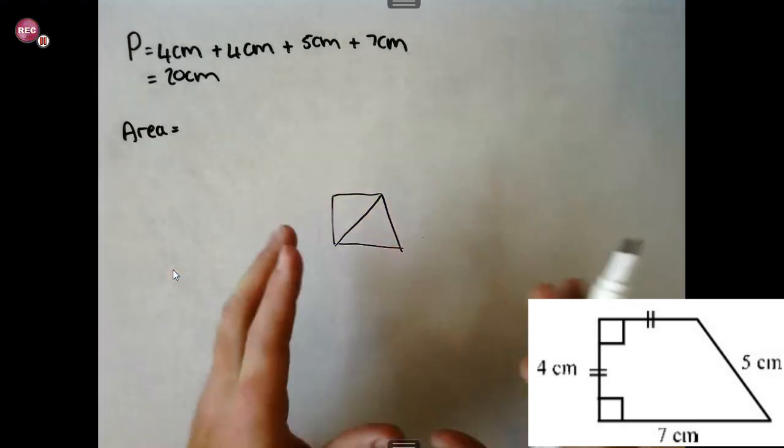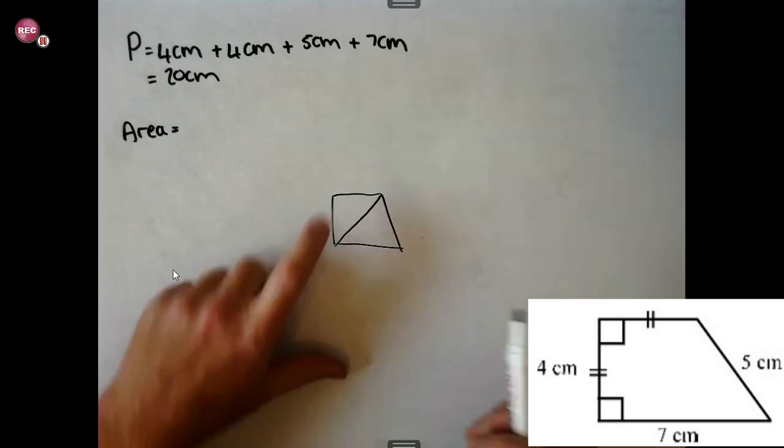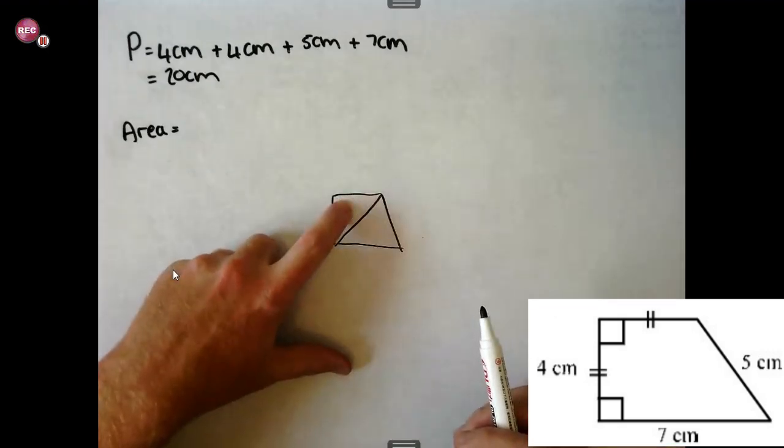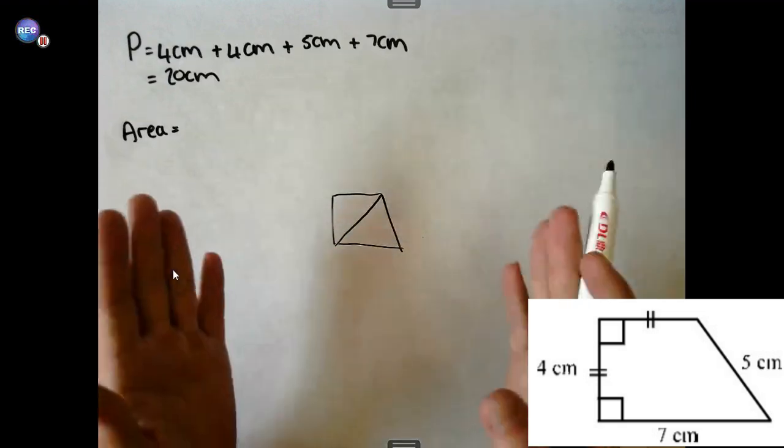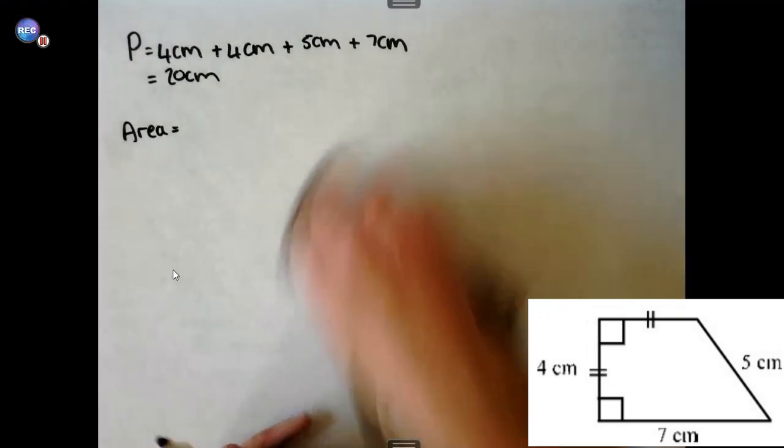So basically, in the long way, you are going to calculate the area of this triangle, the area of that triangle, and add it together. But there is a shorter way that we can do this. So let me show you.